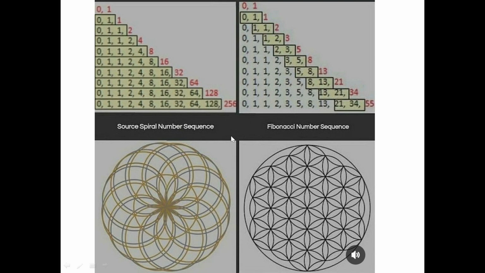The Fibonacci sequence is different. For it to get to 2, it had to feed upon itself. 1 plus 1 going back is 2. And to get to 3, it's 2 plus feeding upon itself once to get 3. To get 5, it's 2 plus 3, but it's had to feed upon itself.